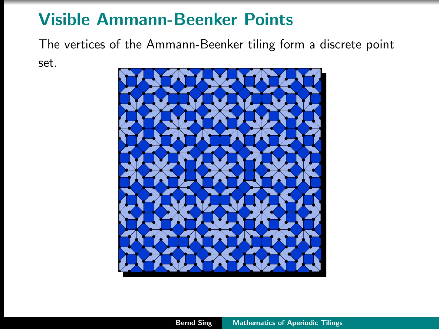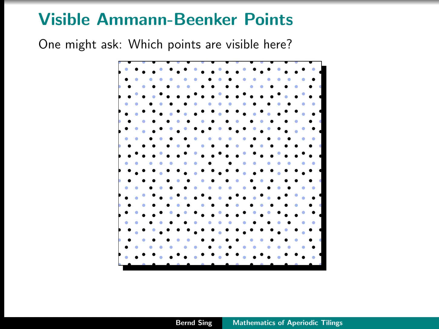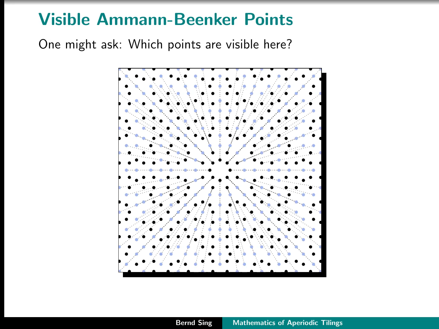If we now concentrate on the vertices of our squares and rhombs and just consider them, and then we stand in the center point of this picture and look around us, then some points will be visible to us and others will be invisible because they are behind other points, and therefore we can only see the frontmost point but not the ones that come behind it.